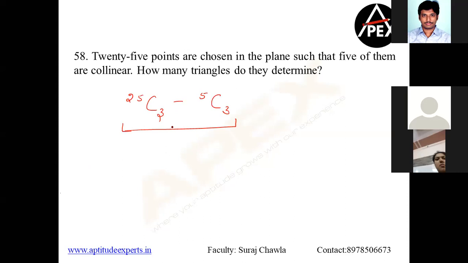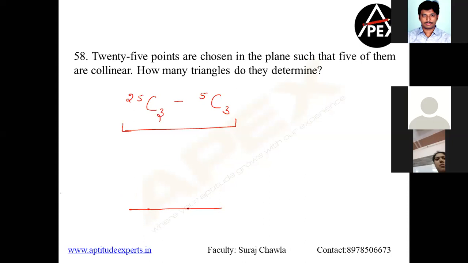Why not 20C3? You have 20 different points. Now please understand, if these are my 5 points which are collinear.